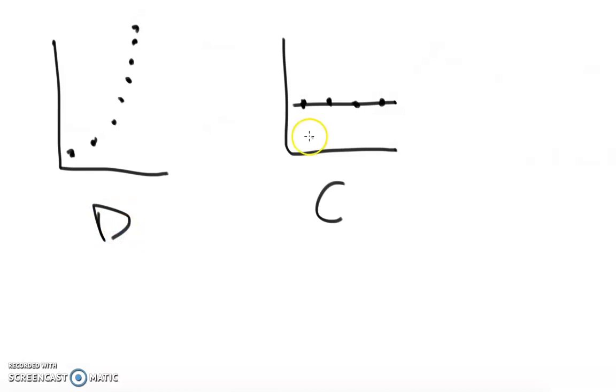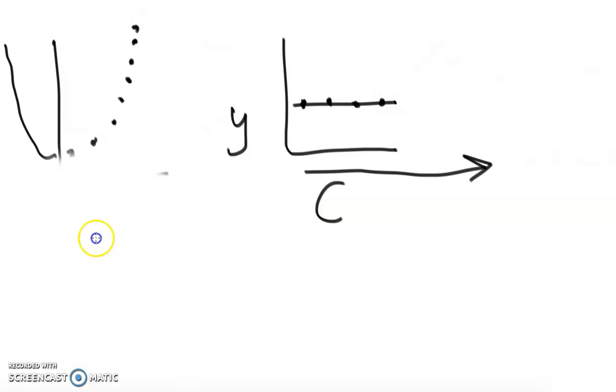And this is an exponential function, or it could be half of a parabola. We don't know if this side is a parabola as well. But that's all I just wanted to point out. And in this one, it's horizontal, but that just means that the y value stayed constant the entire time while the x kept moving.